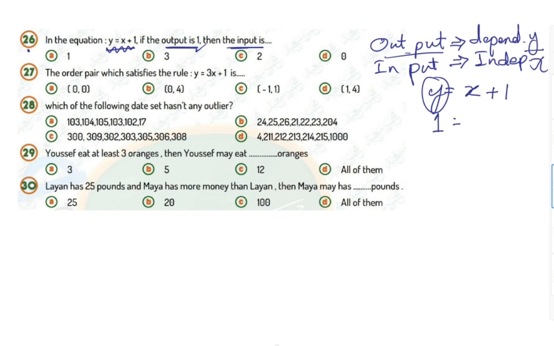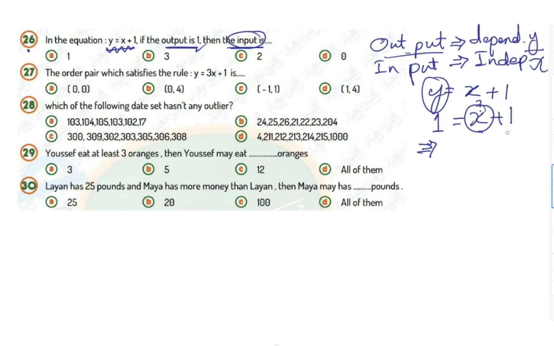So 1 equals x plus 1. He needs us to find the value of x, or the input. How to find x value? By solving the equation. Now let's try to solve this equation. I need x alone at the right or the left side. Now x is on the right side.